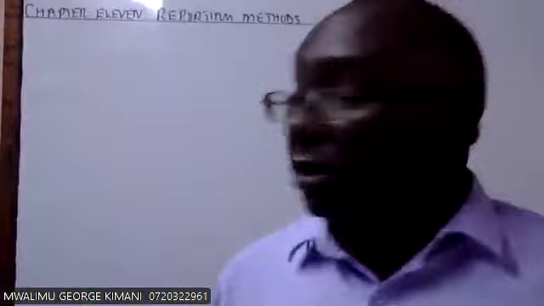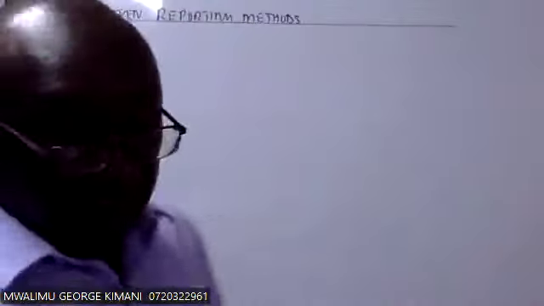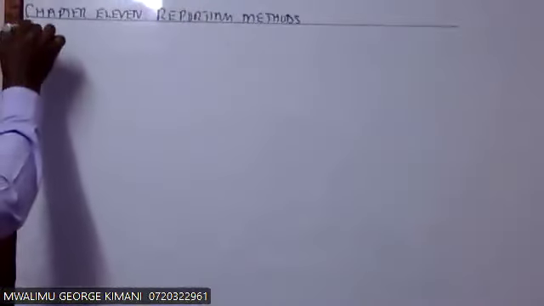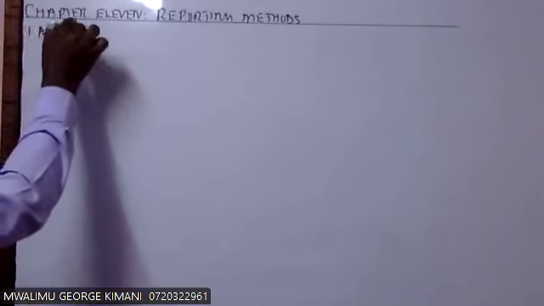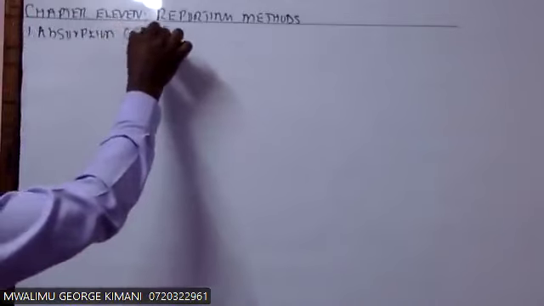So we have said that these are methods used to prepare income statements for cost accounting departments. First, they are: number one, absorption costing method.